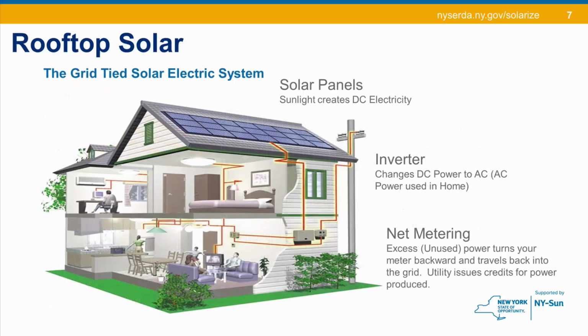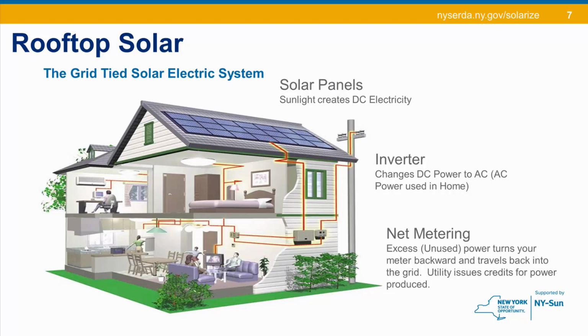In this presentation, we are going to talk primarily about solar systems that are connected to the electric grid. There are a few components to these systems. First, there are the solar panels themselves, which produce power. But before this electricity is used, it needs to be run through an inverter. This is because solar panels create power in direct current.